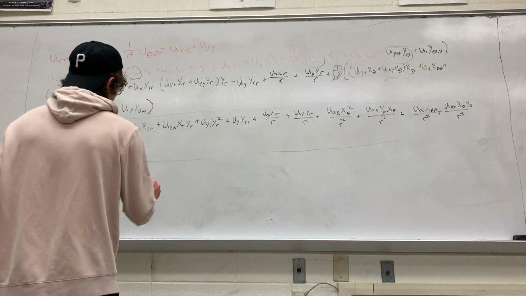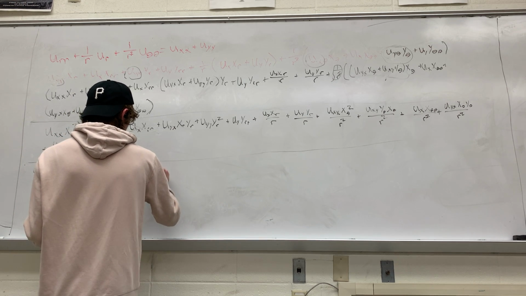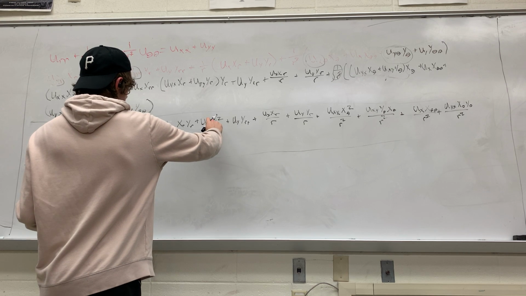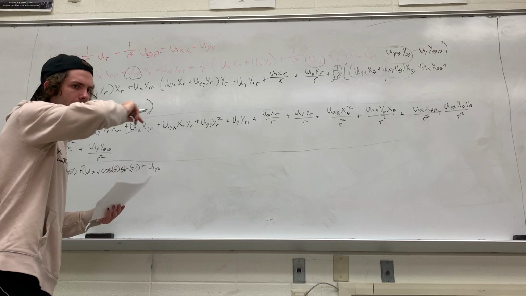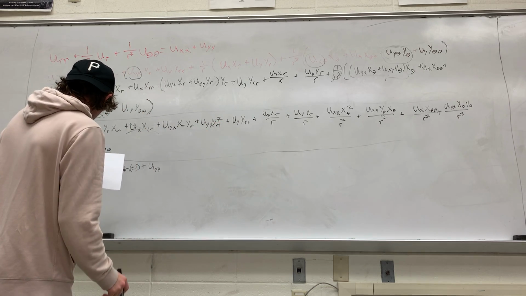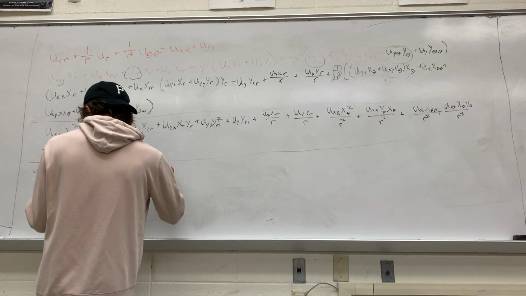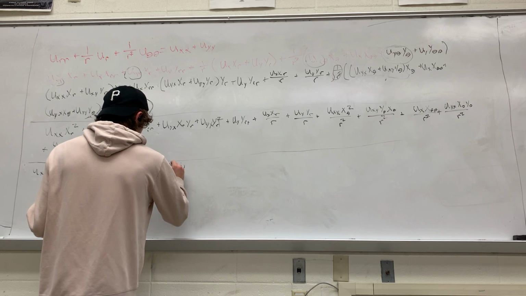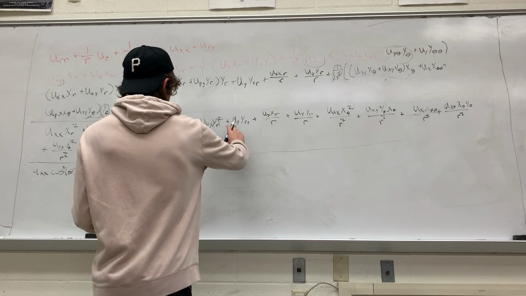And then we have u yy times the derivative of y with respect to r squared, or I suppose that makes it a little bit more clear, which will be u yy times sine of theta squared.